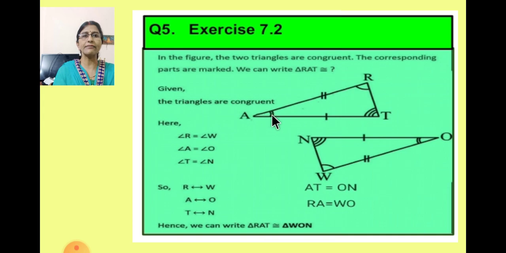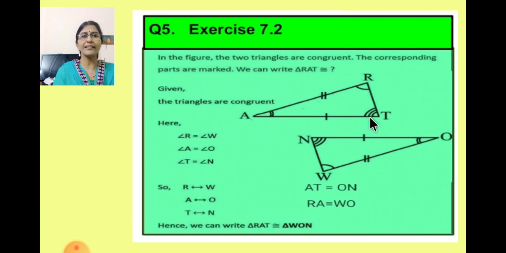And then next we'll take angle A now. Angle A, you can see here there are two small arcs and here also there are two small arcs, same like this. So angle A is equal to angle O. Now third we will take angle T. Here you can see there are three small arcs like this.